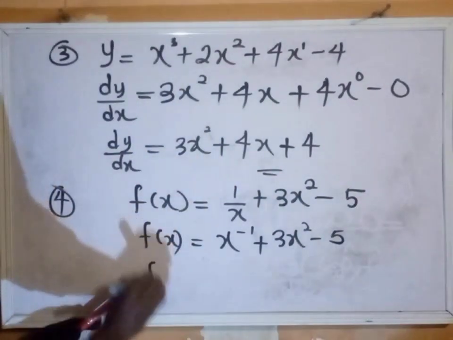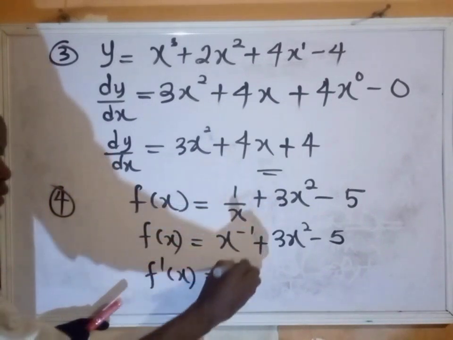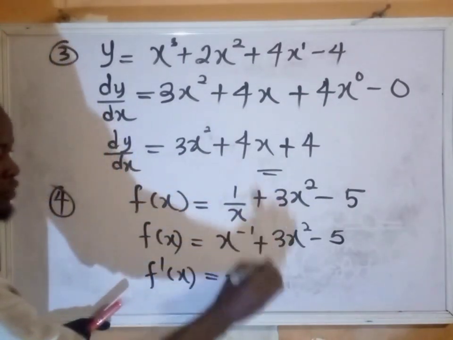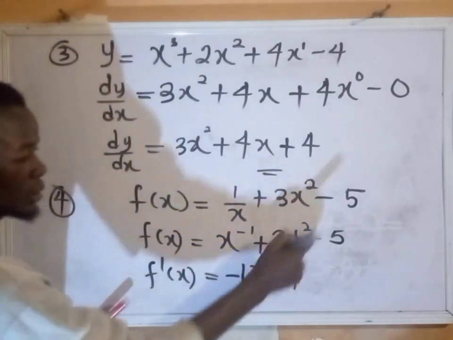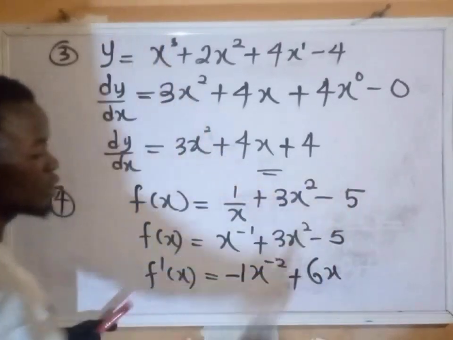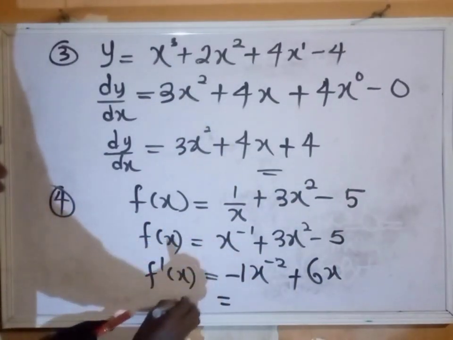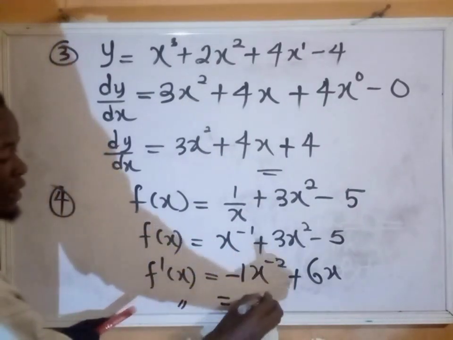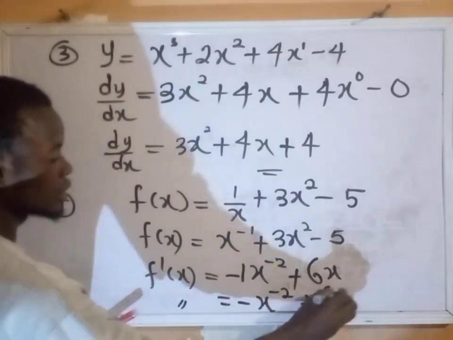Now let's differentiate this. We have f prime of x equals, so we take negative 1 back, negative 1. Subtract 1 from the power, we have negative 1 minus 1, that is minus 2, plus, multiplying this with this, we have 6x, and the differential of any constant value here is still 0. So the f prime of x here is negative x raised to the power minus 2 plus 6x.